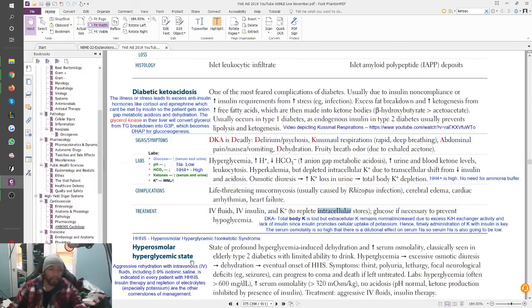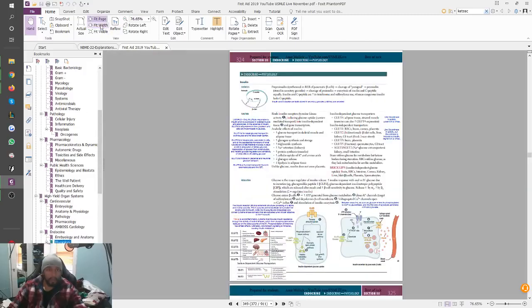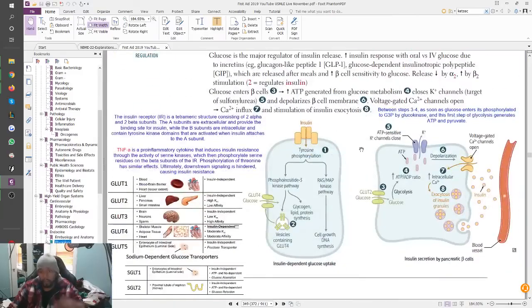Then let's look at insulin again, because I forgot what I said. Normally when glucose comes in, you have more ATP, and that closes the potassium channel, so you're not going to be releasing any potassium. All the potassium gets stuck inside, you get depolarization, the calcium channel opens, a lot of calcium comes in, and then you release insulin.